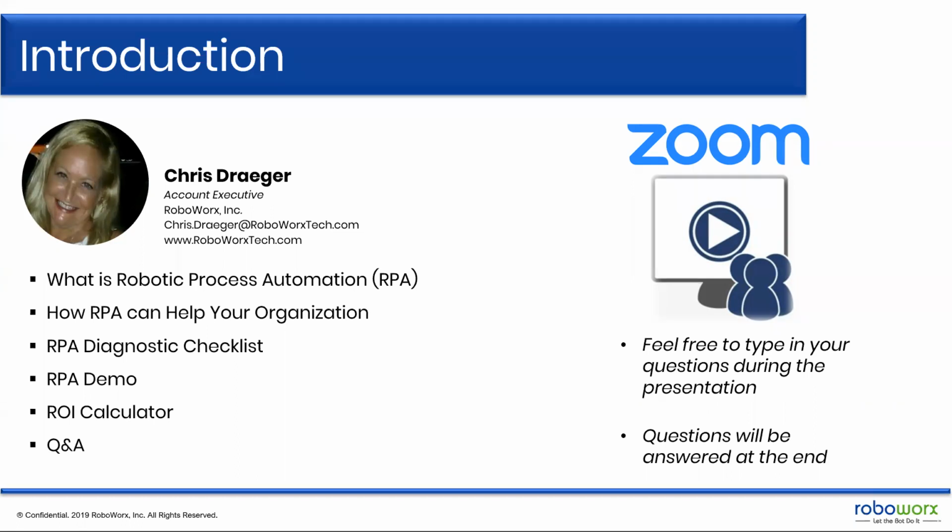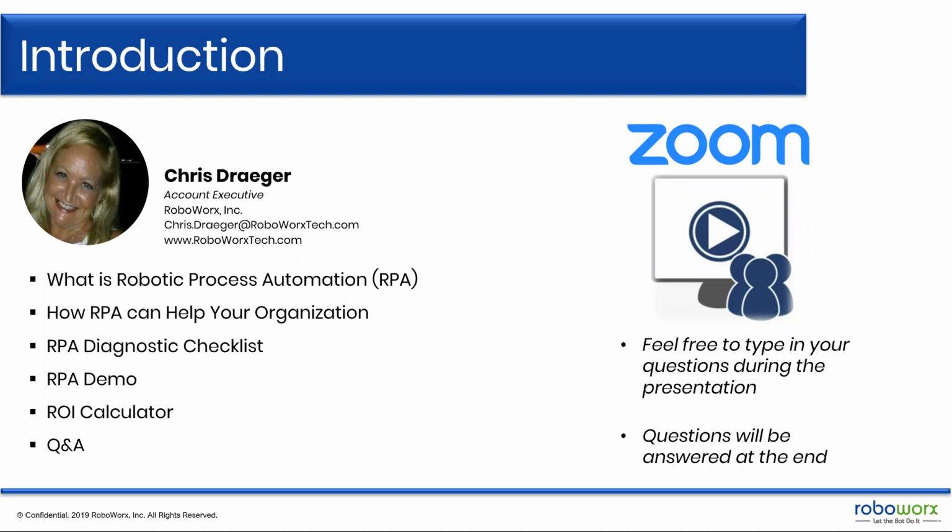So what are we going to talk about? We're going to talk about what is RPA. We keep hearing about automation and robots coming, and how does RPA fit in that scheme? And then we'll talk a little bit about how RPA can help you and your organization.